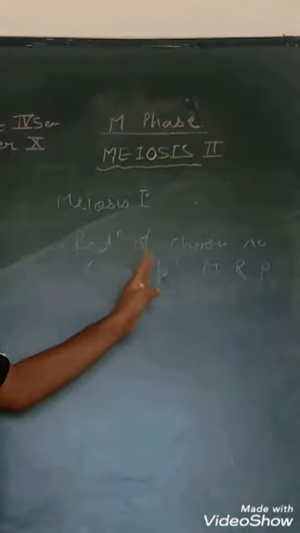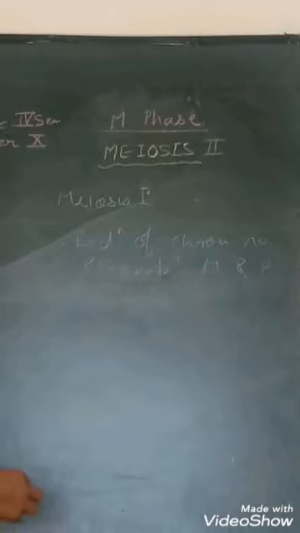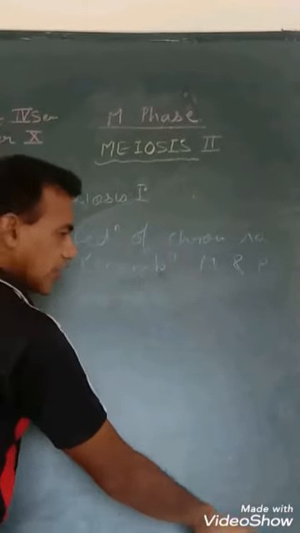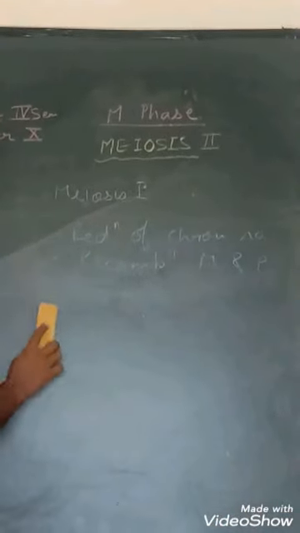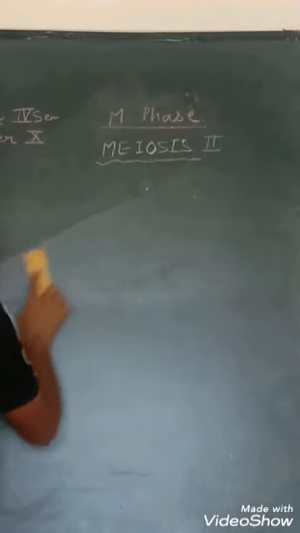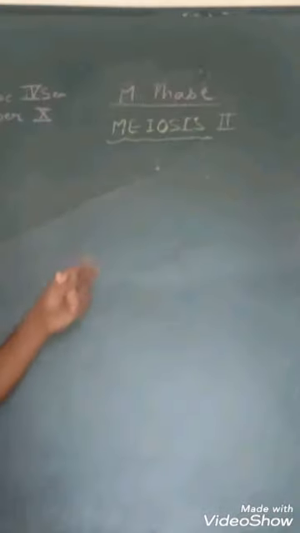After meiosis 1, the cell next enters the next stage of division, which is known as meiosis 2.